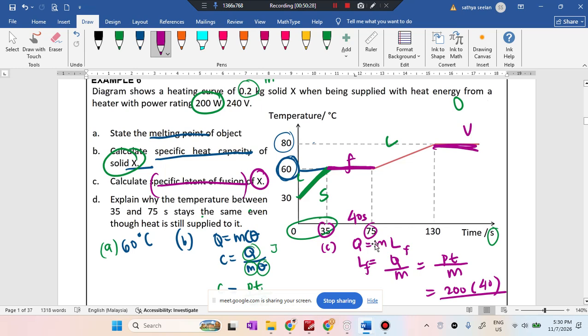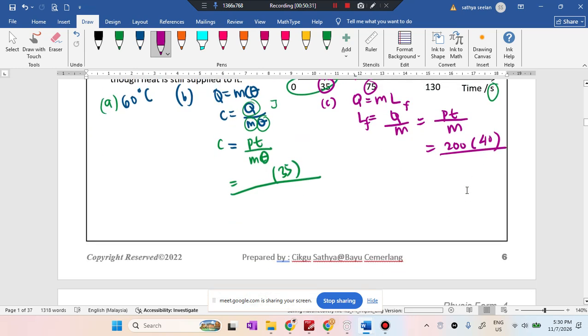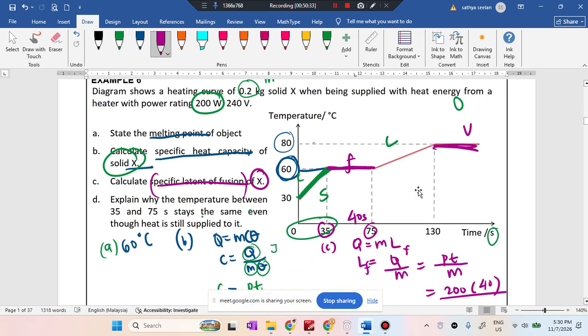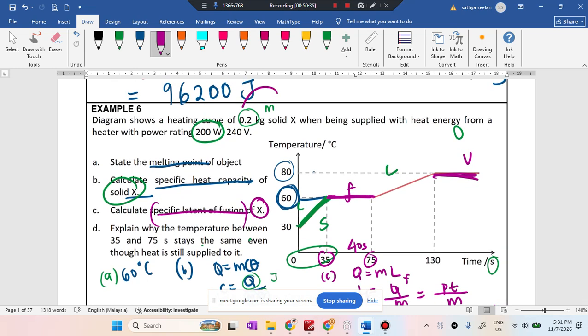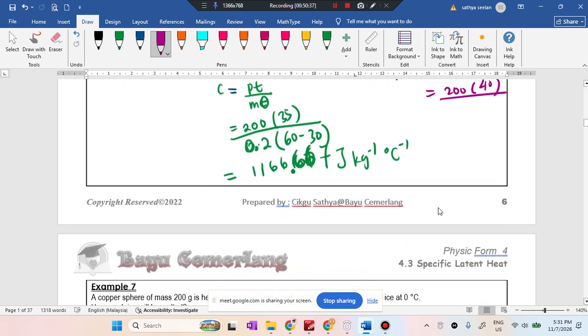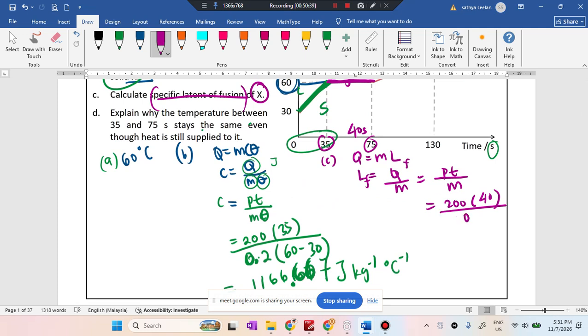Dekat sini 35 to 75 means 40 second. Okay, how much is the mass? Dia dah bagi dekat sini mass 0.2 kg. So, kita akan dapat 40,000. Okay, Q-nya adalah joule. Mass-nya adalah kg negative 1.